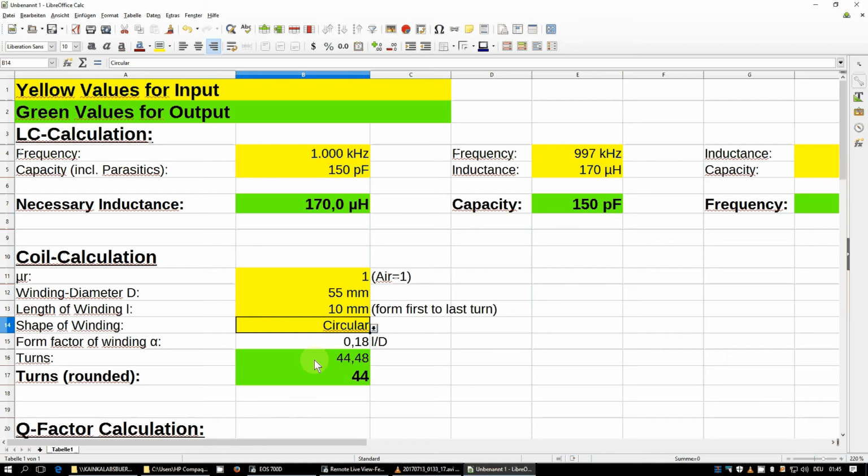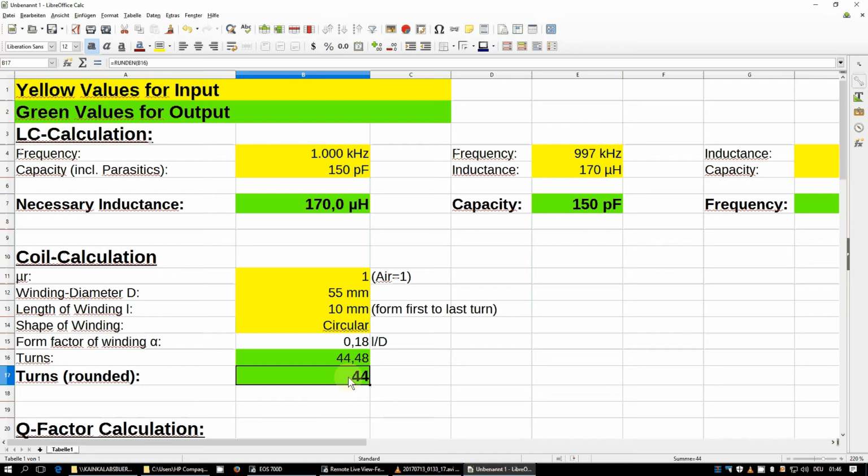So what you should do in practice, if you try to determine the necessary number of turns to reach for a typical medium wave reception coil 170 microhenries, is just do 20% more turns as a test, which would be here 52 turns, then measure the inductance, and then rewind.